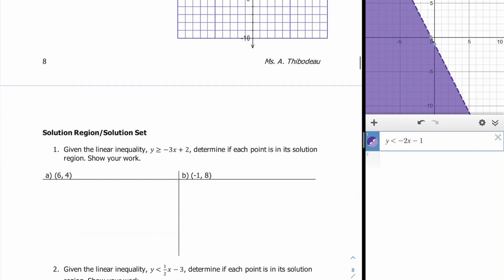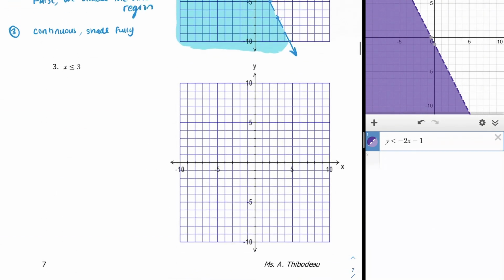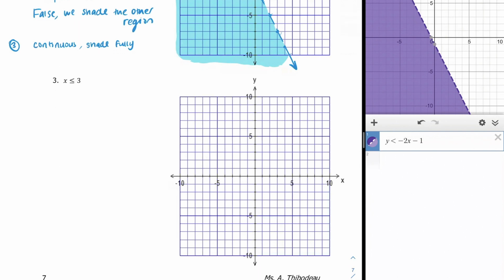Beautiful. So we could continue on here. I believe we have, what do we have? We have 3 more graph examples. We'll graph this next one together, but if at any point you feel pretty confident to move on by yourself, I strongly recommend that you go ahead, pause the video, try doing the next few on your own.